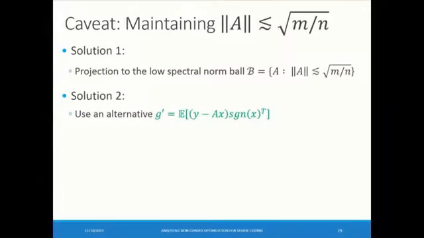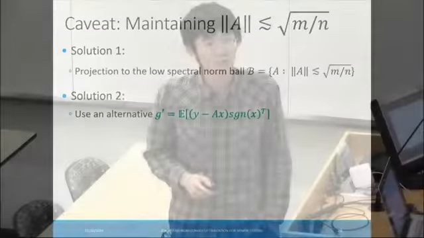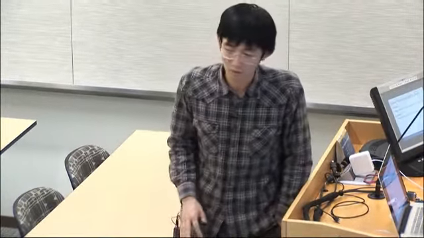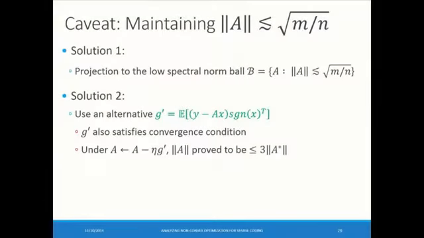I like solution 2 more, which is that I can use a different G prime, which is y minus a times the sign of x. Previously we used x here, but now I use the sign of x. Somehow if you use the sign of x, it reduces the noise. For this G prime, first I can show it still satisfies this condition.